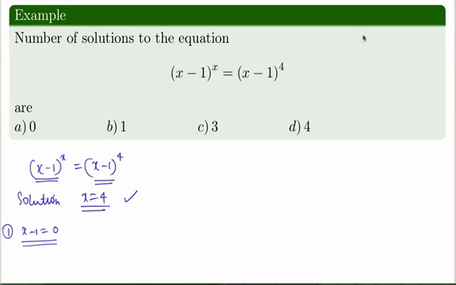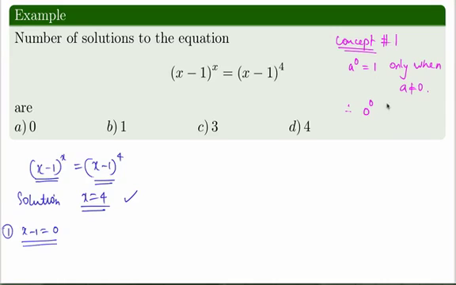Okay, so this we can take as a note here, as a concept. Let me discuss this as a concept. Concept number 1 in indices. So the concept says a raised to 0 is 1 only when a is not equal to 0.